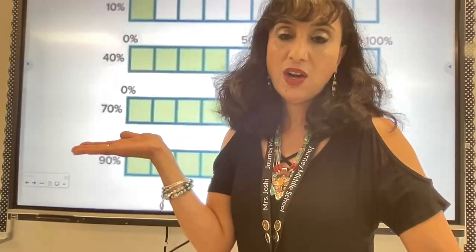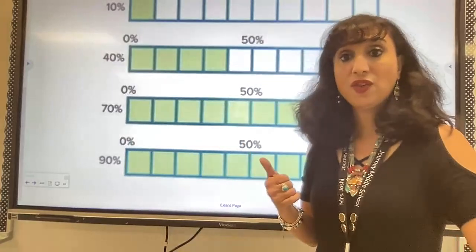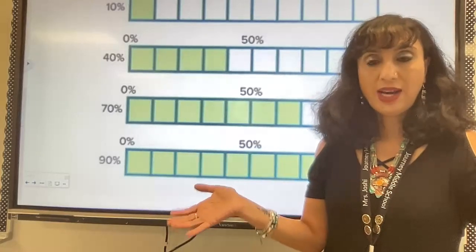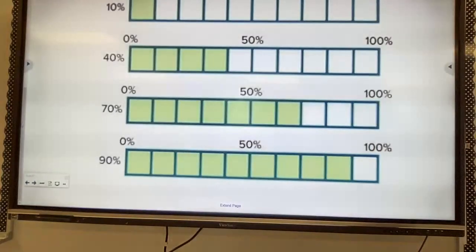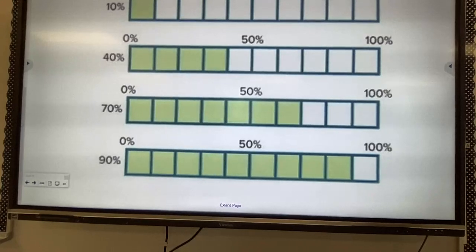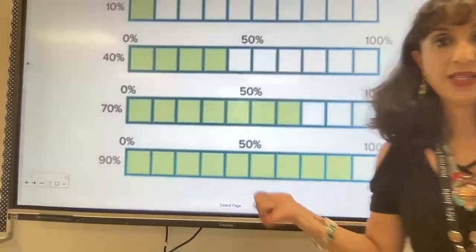So I divided not into 10 sections, but into 5 sections. Each section would represent 20%. So if I'm doing 40%, I would shade 2 out of the 5 in that bar diagram.